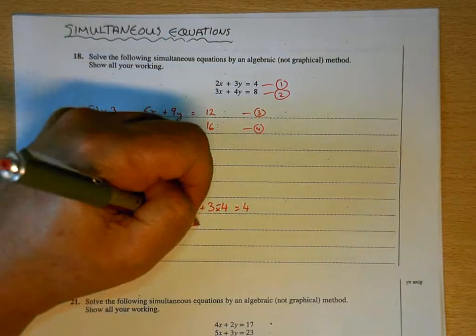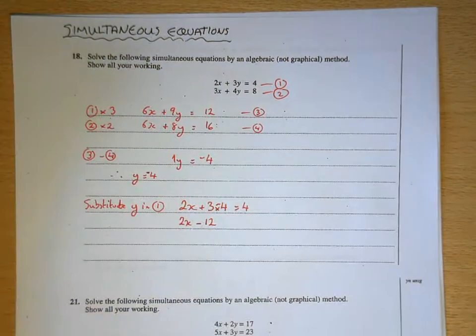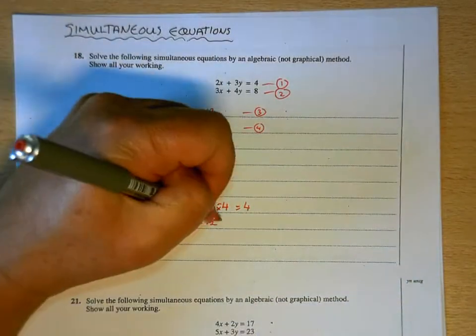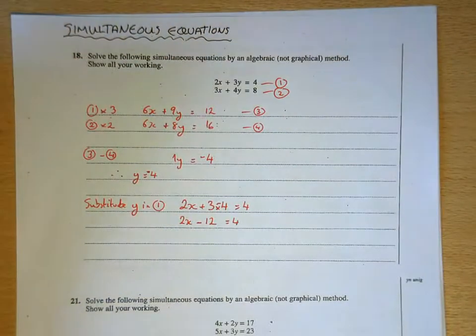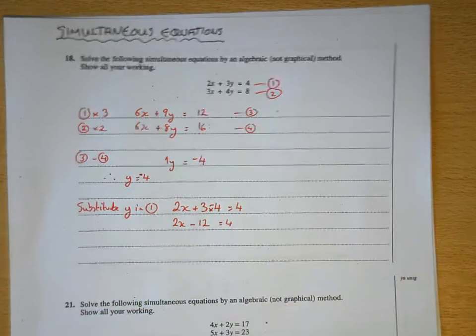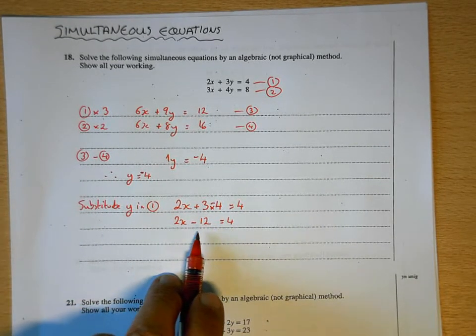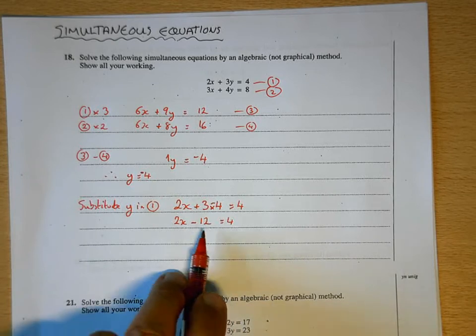Positive times negative, you should know, is negative. So I get 2x minus 12 equals 4. So now we have a standard linear equation to solve. First thing I need to do is deal with that negative 12. To get rid of a negative 12, I do the opposite, which is add 12.